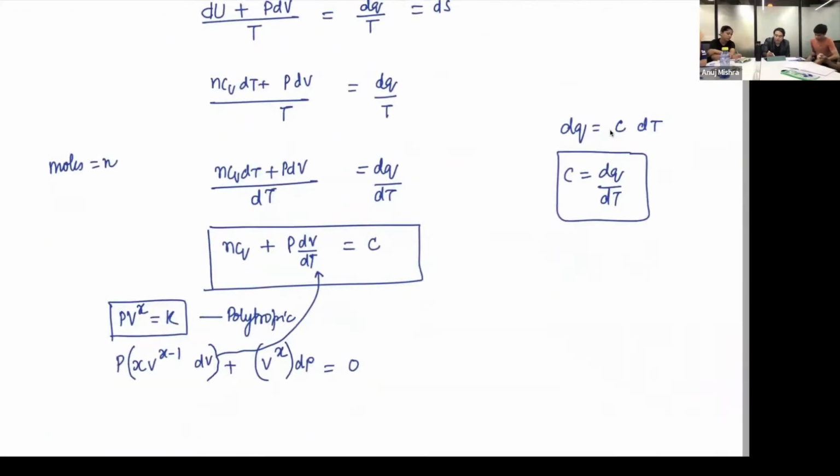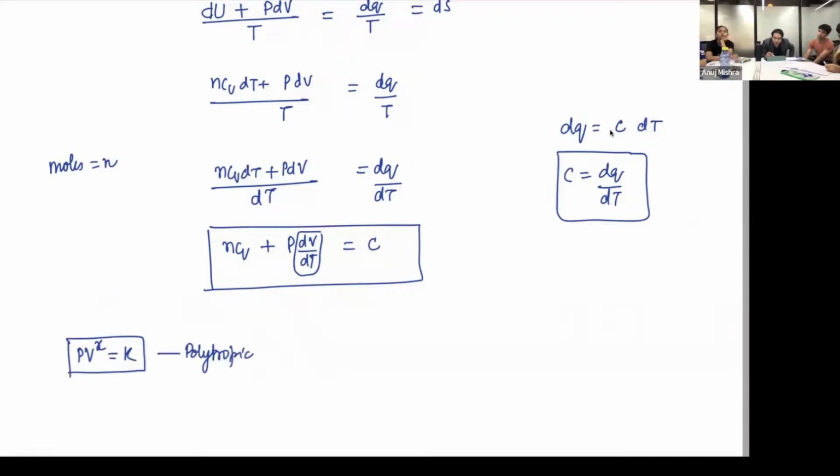Now, what is the hindrance right now? I don't have this value of dV upon dt. So to reach this objective, I need to put the value of dV upon dt. Where will you get it from? Let me keep this aside for now. Leave this too. Just look at this relation carefully and try to give me the value of dV over dt from this.